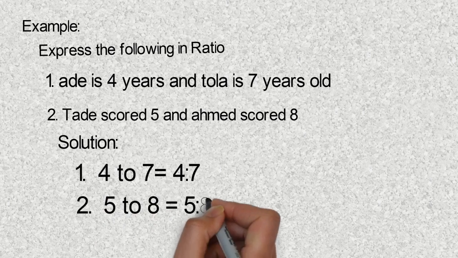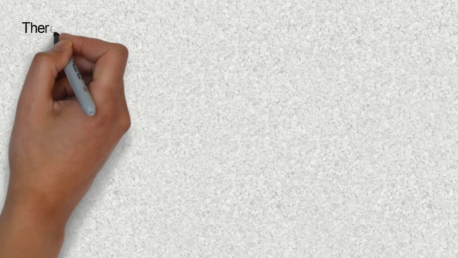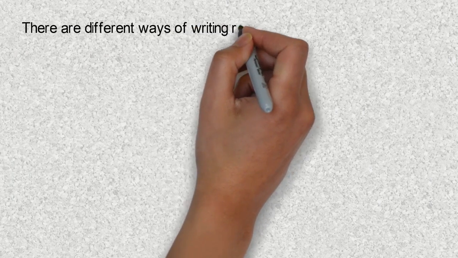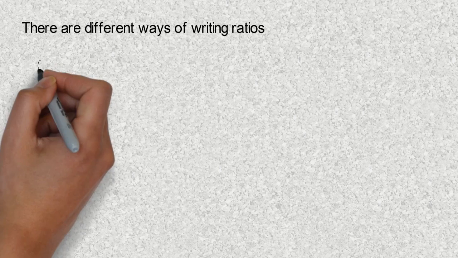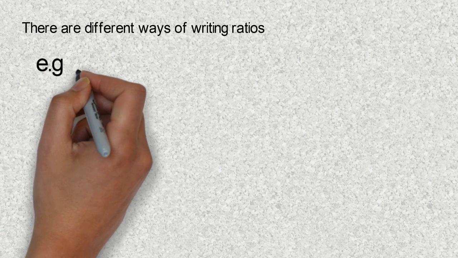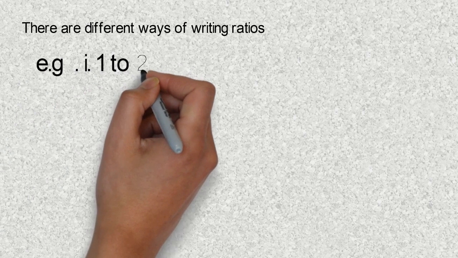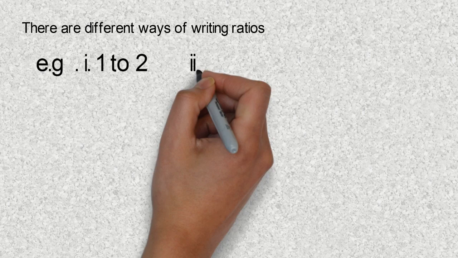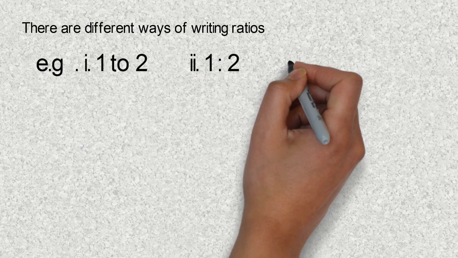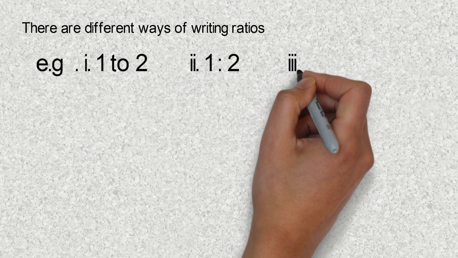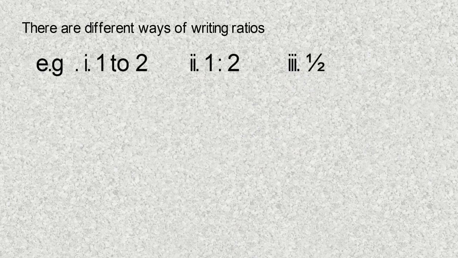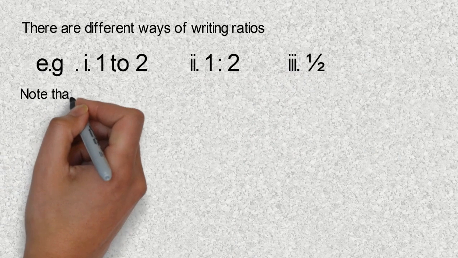Can you see that? Also, let me bring to your notice that there are different ways of writing ratios. The first one is you write it as 1 to 2 as an example. Then the second is you write it with the ratio symbol, that's 1:2. And the third is 1/2.